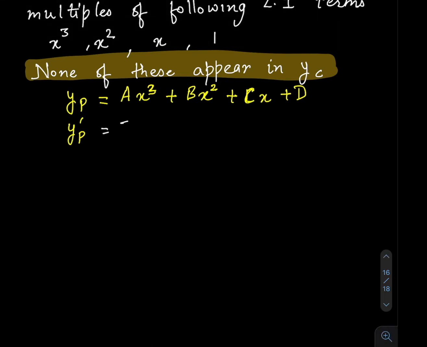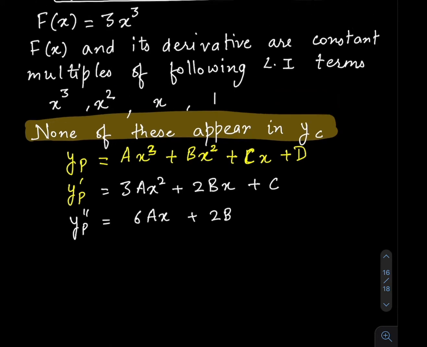So y_p prime is 3ax square plus 2bx plus c. Taking the derivative again, we get 6ax plus 2b, right?